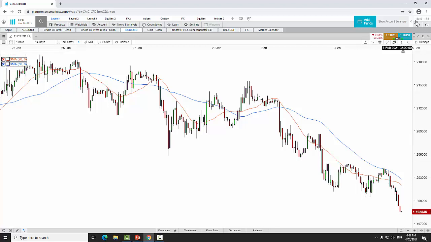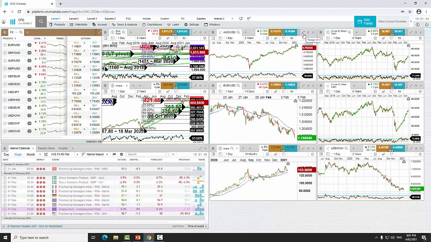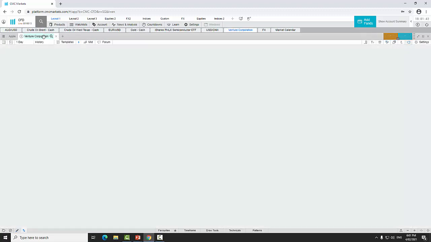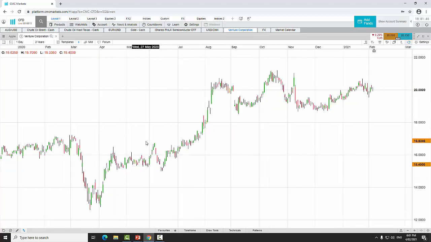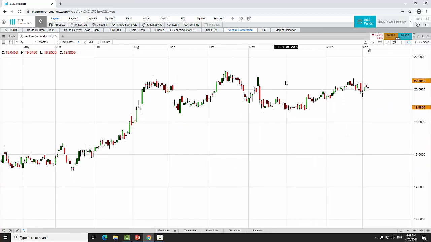All right, now let's go on to another chart that I want to share with you all. Let me open up the chart of Venture Corporation, a Singapore stock. If you look at Venture Corporation at this point in time, we can see the price action since August last year, all the way up to February, which is the 4th of February, today's price action.